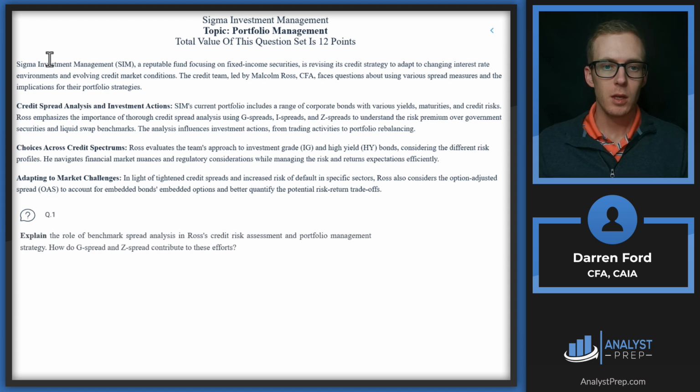Sigma Investment Management, a reputable fund focusing on fixed income securities, is revising its credit strategy to adapt to changing interest rate environments and evolving credit market conditions. The credit team, led by Malcolm Ross, CFA, faces questions about using various spread measures and the implications for their portfolio strategies.